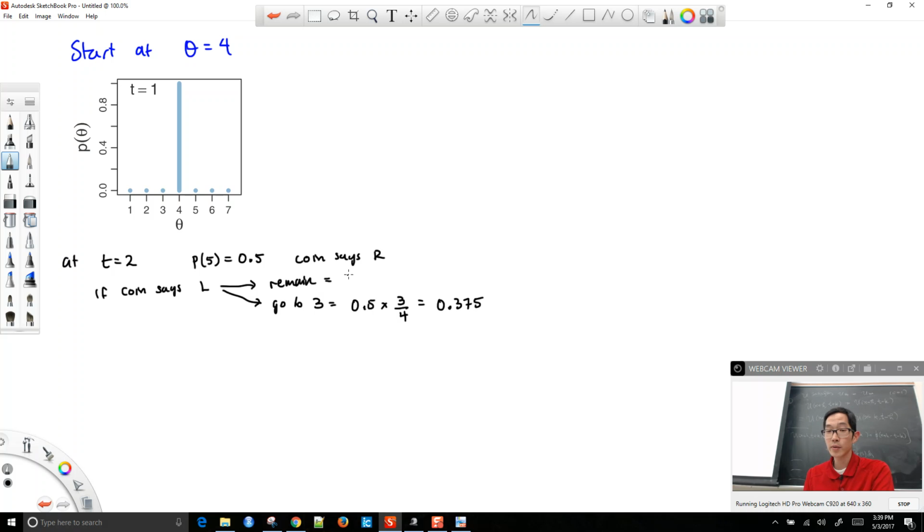And we can remain with probability 1/4, given that it says left. So we will remain with probability 0.125. Are these calculations okay? Here I'm just applying our transition probabilities to our current location of 4.